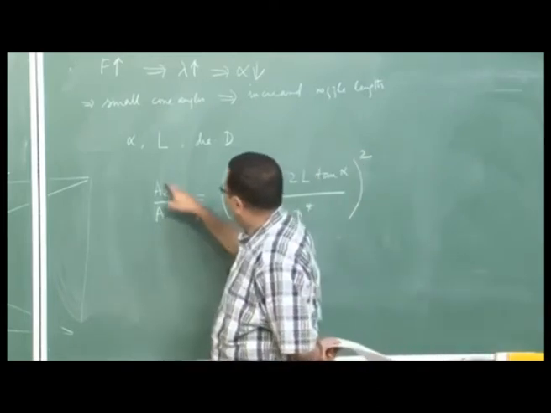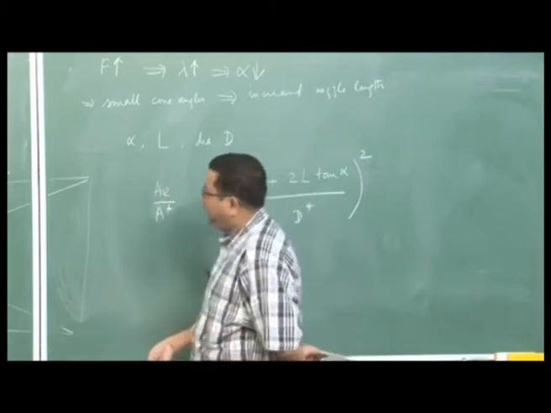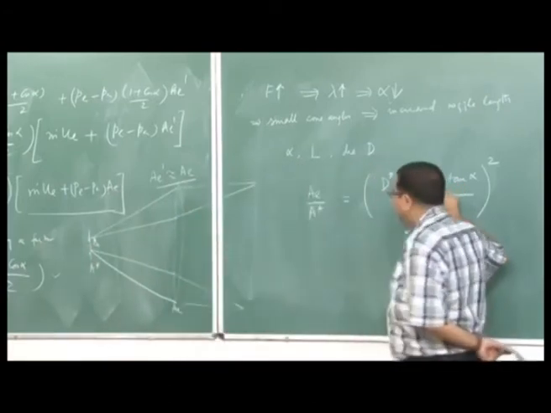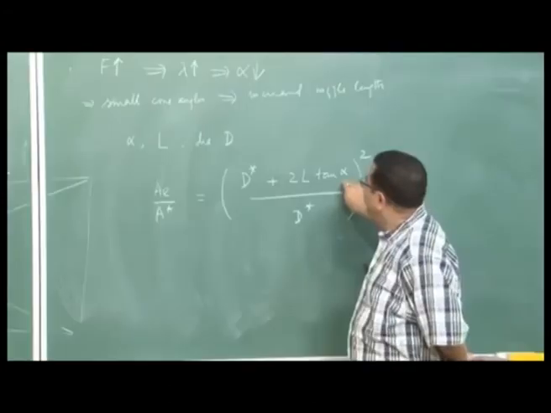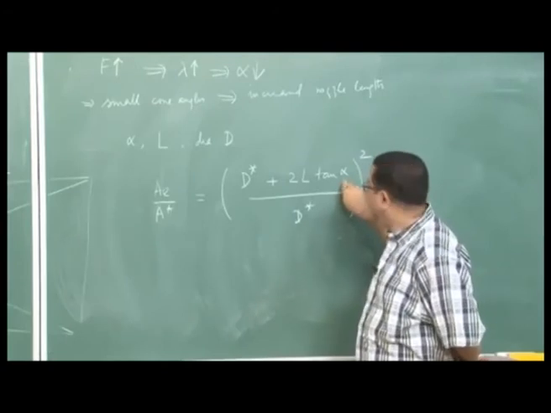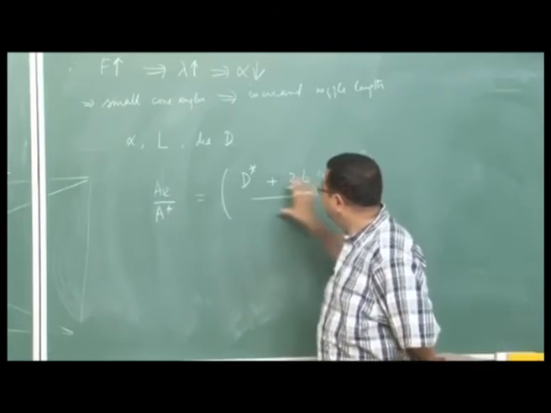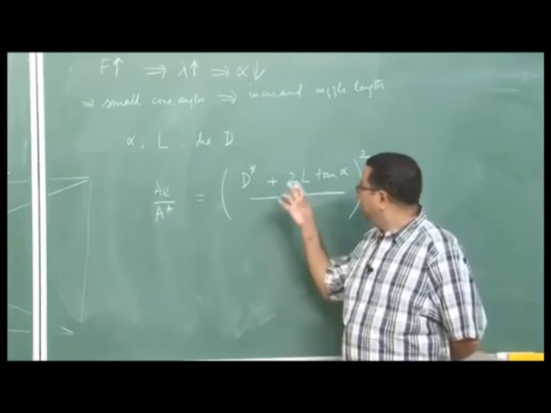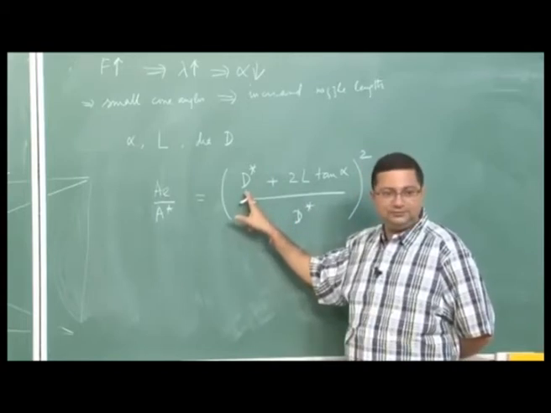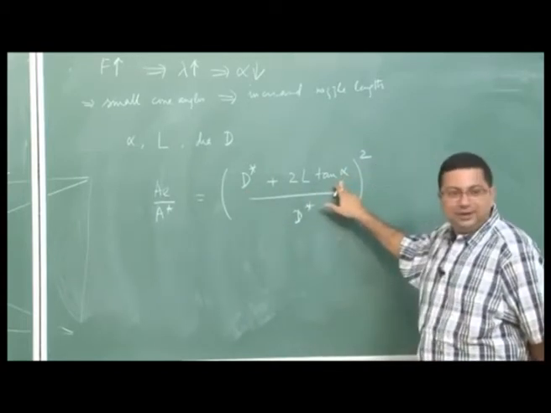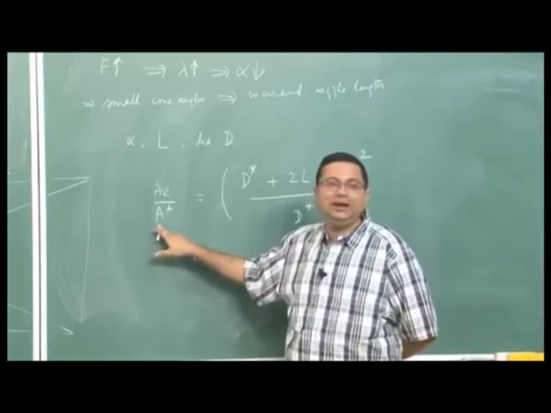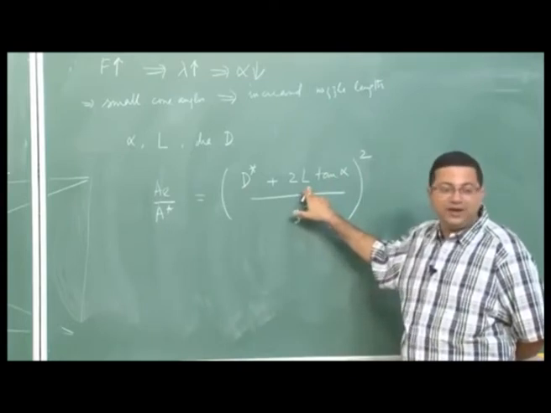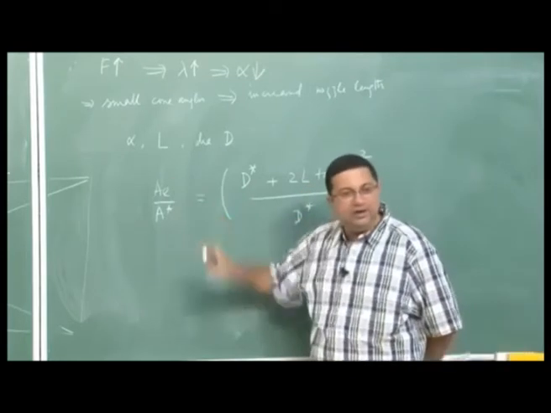So the area ratio is a function of D star, which is the throat diameter, the length of the nozzle L, and tan alpha, which is the tan of the half angle. Now, if I look at this equation, my D star is fixed. If you decrease alpha and we want to maintain the same A_E by A star, L needs to be increased, and it needs to be increased substantially in order to maintain the same area ratio.